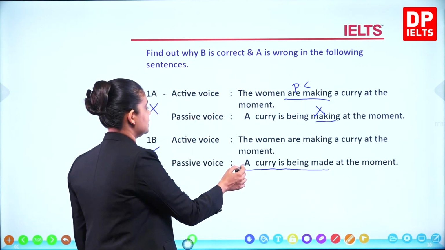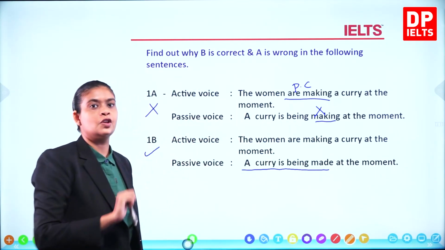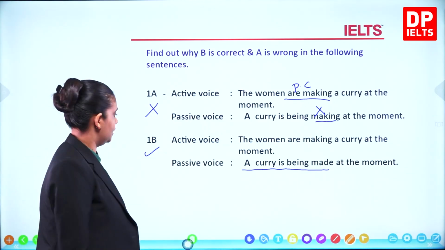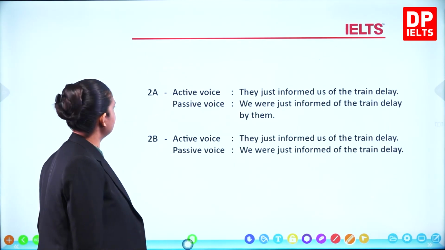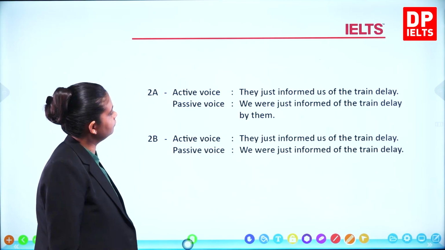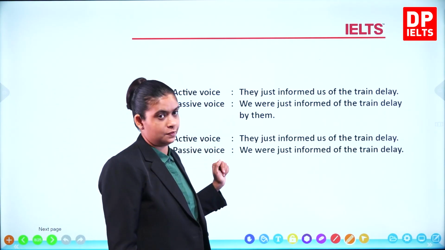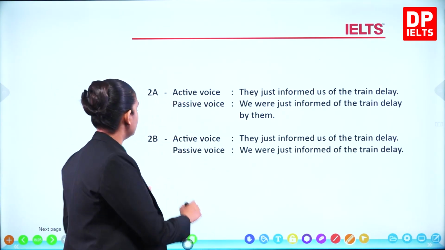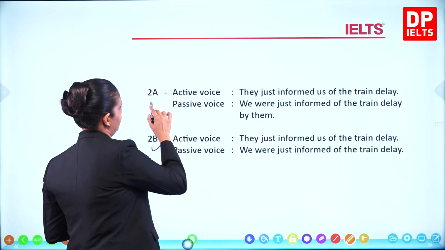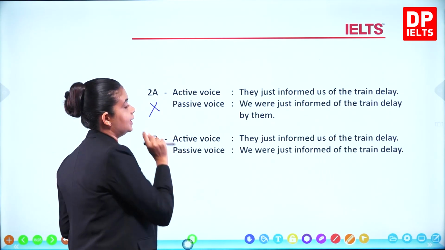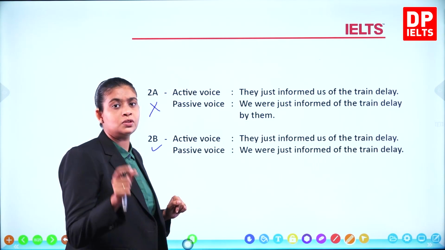So this is correct and this is wrong. Let's have a look at the next one. Active and passive, right? So this is correct and this is wrong. And that's what we have to find out.